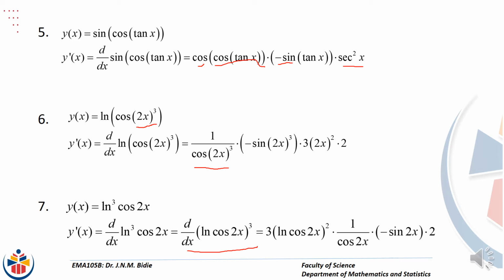So first differentiate the power, which is 3 ln cos 2x to the power 2, multiplied by the derivative of the argument of that power, which is ln cos 2x. So we have 1 over cos 2x, and then we differentiate cos, which is negative sine 2x, multiplied by the derivative of the argument of cos, which is 2.